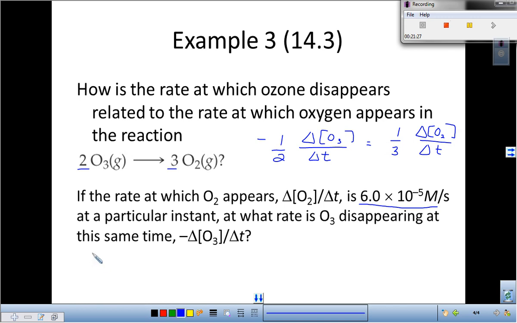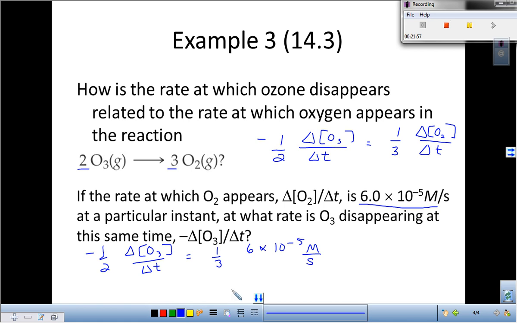So we can say negative 1/2 the change in ozone over time is equal to 1/3, 6 times 10 to the negative 5 molar per second.